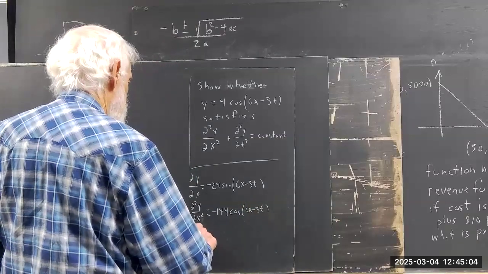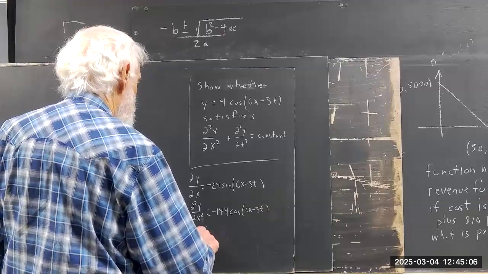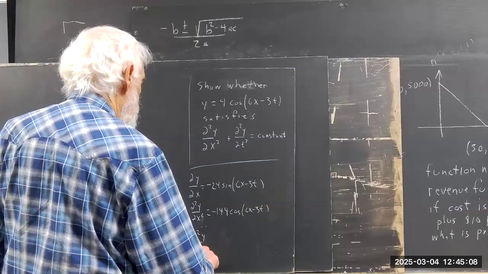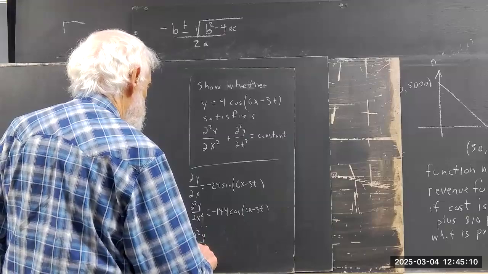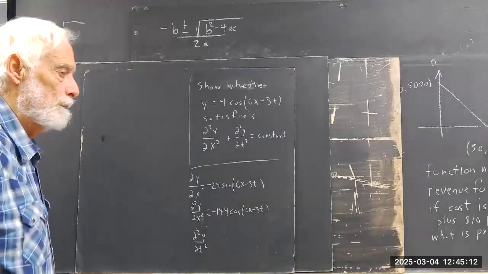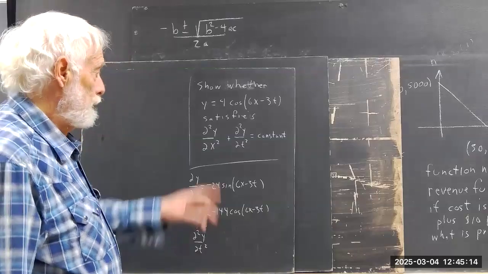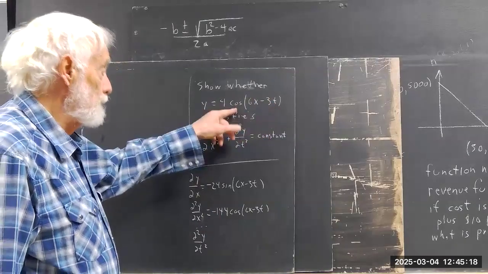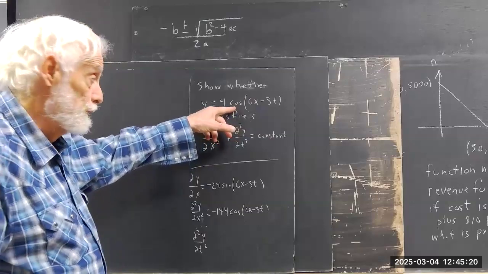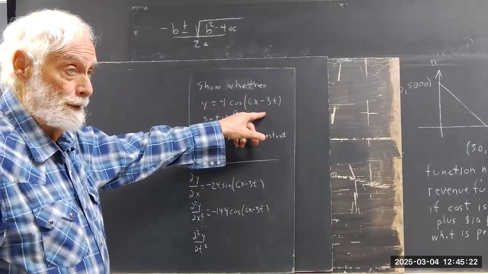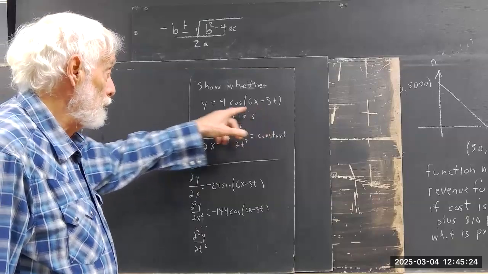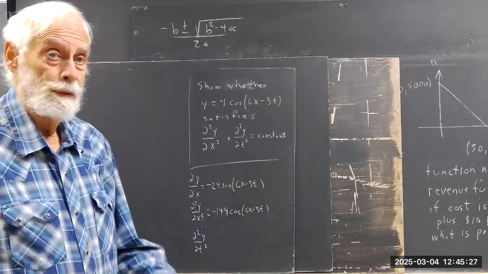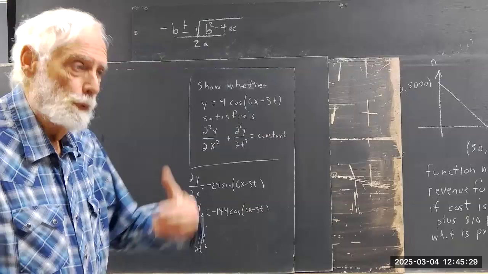Then the second partial of y with respect to t, we use exactly the same idea. If we take the partial of this with respect to t, we get negative 3 times the negative sine of all this. And that negative 3 is multiplied by 4, giving us a negative 12 times a negative cosine, which is 12 times the cosine.